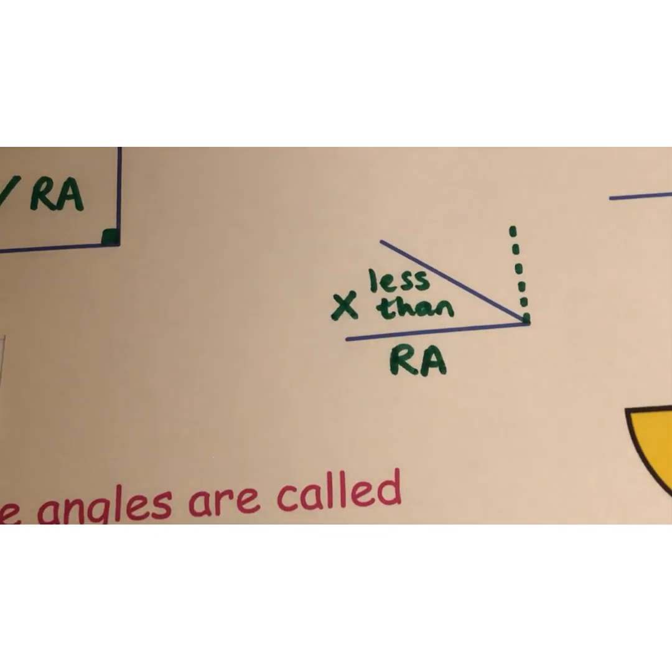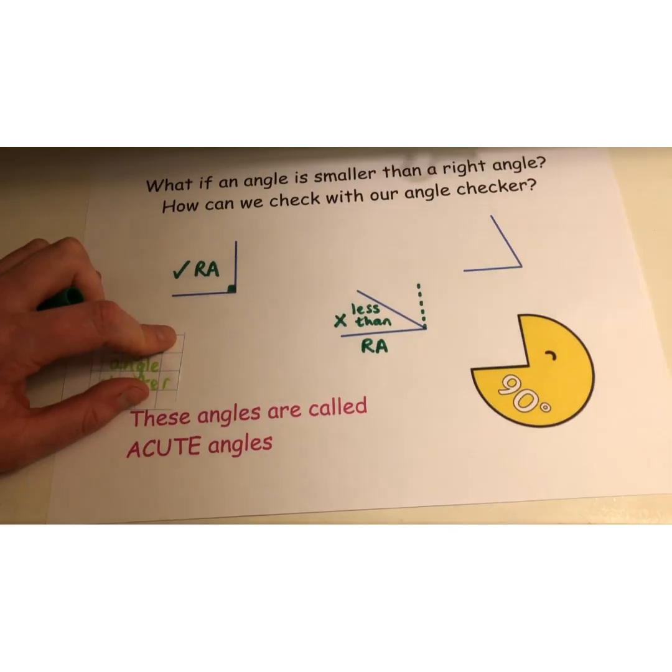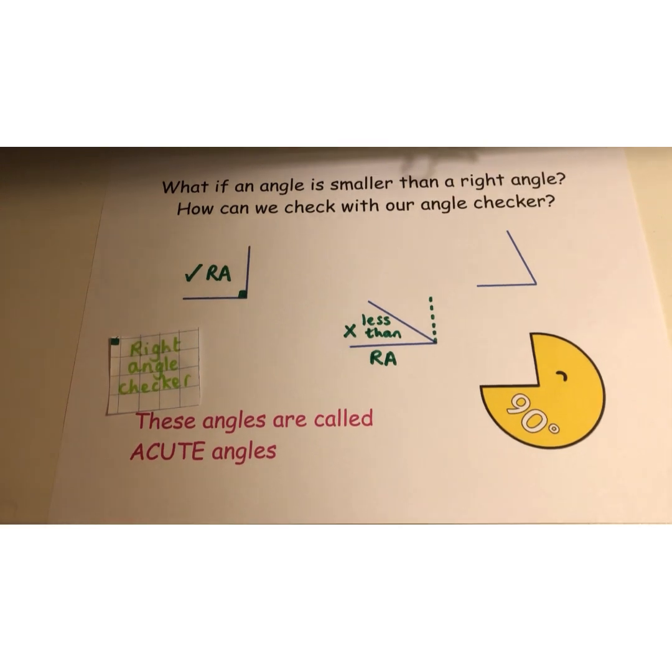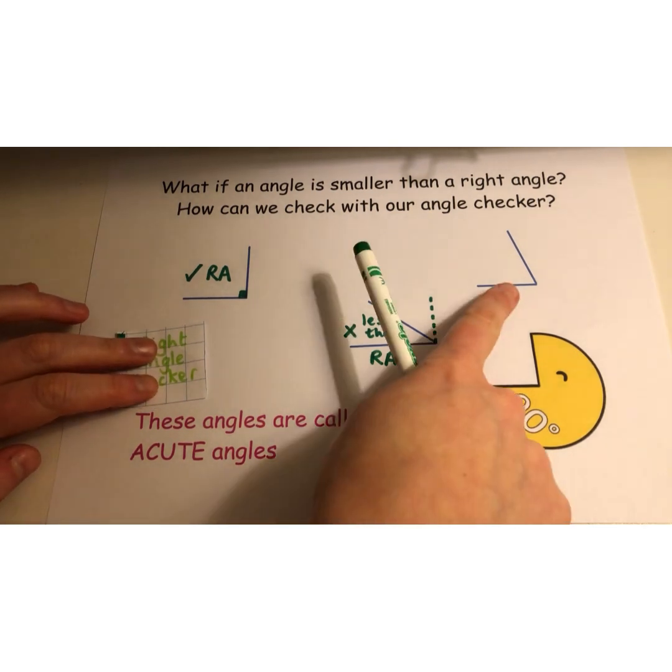Now that's got a special name. If it's less than a right angle, we actually call this an acute angle. Now I really like to remember this name because I think, oh, it's less than a right angle. Oh, it's so cute. It's an acute angle. So think, oh, smaller than 90 degrees, smaller than a right angle. Oh, cute angle.